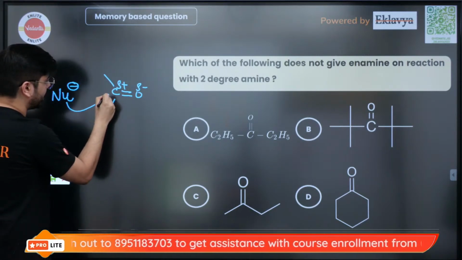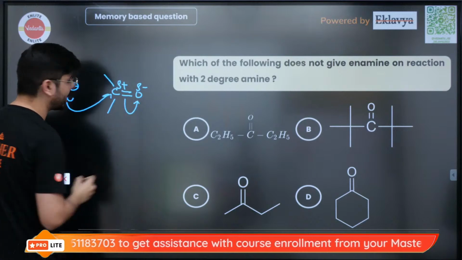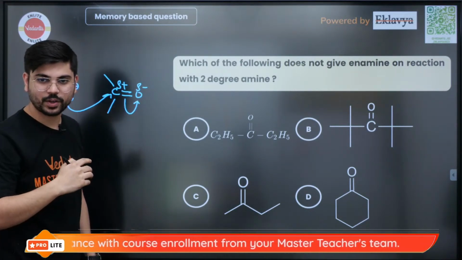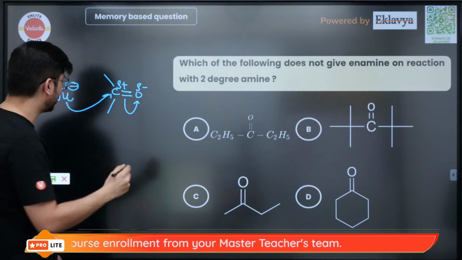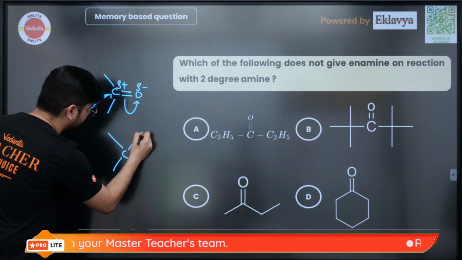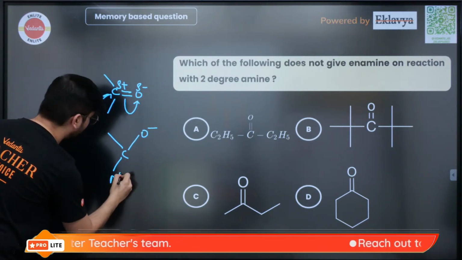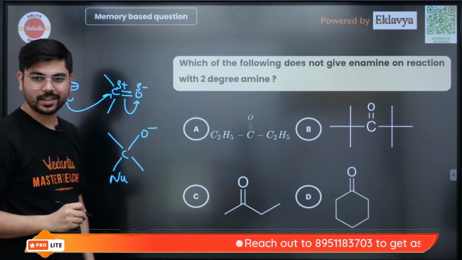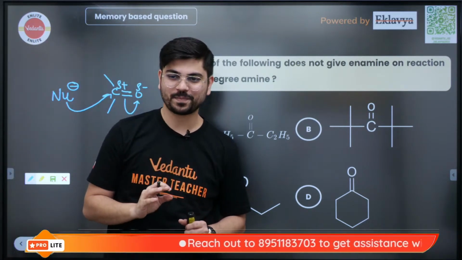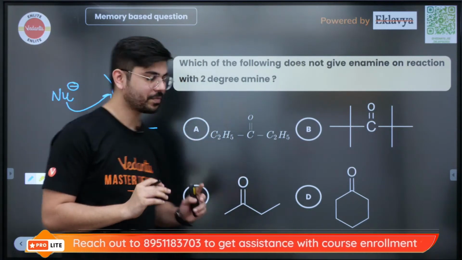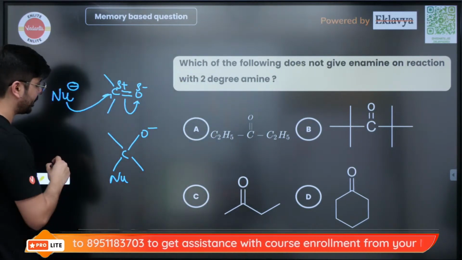It attacks over here and there is a shift in bonding, right? There is a shift in bond over here, right? So it becomes like this. So it is an SN2 mechanism basically. The nucleophile is attacking over here.